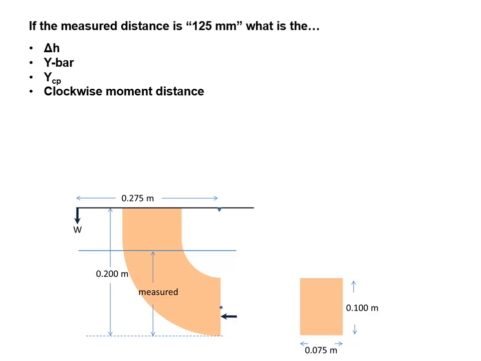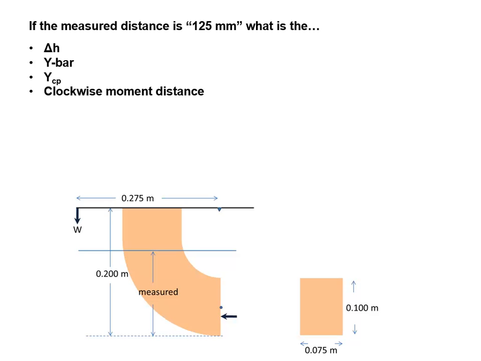YCP is going to be y bar plus I divided by y bar A. And the formula for I is AB cubed divided by 12, where A is the top dimension, B is the vertical dimension, and so if we calculate the area moment of inertia, it's 0.075 meters multiplied by 0.07 meters cubed divided by 12.